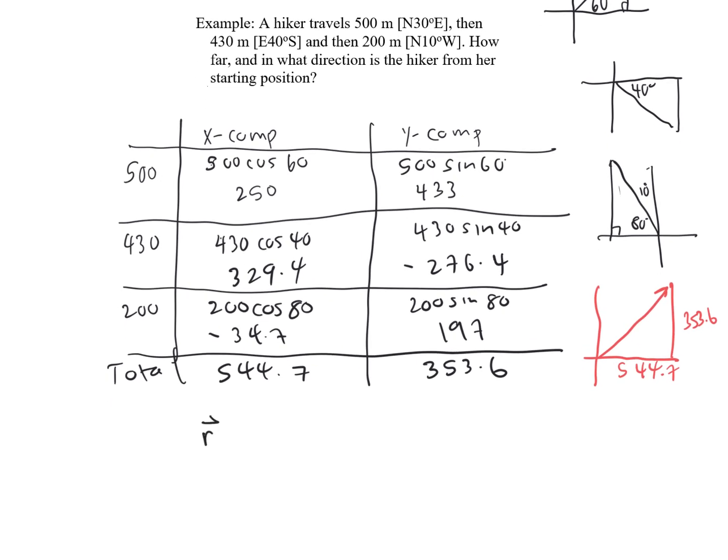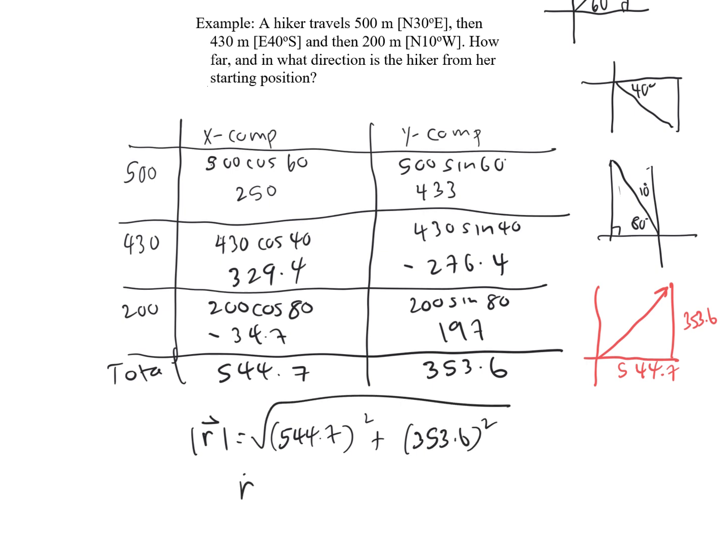We'll use Pythagorean theorem. And the magnitude of the resultant works out to be 649.4 meters. So that is the distance that the hiker is from their starting position.